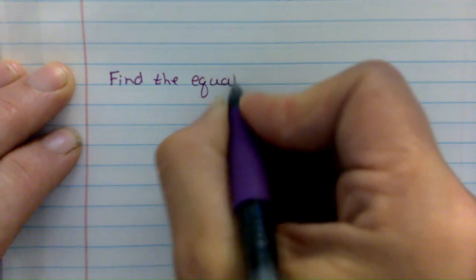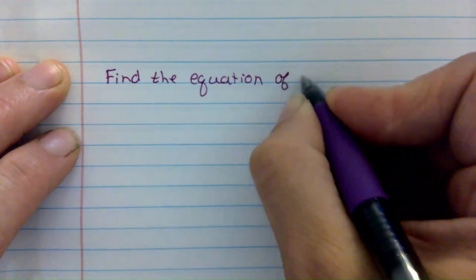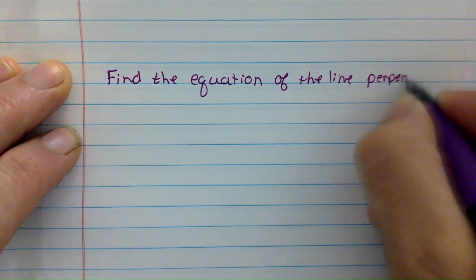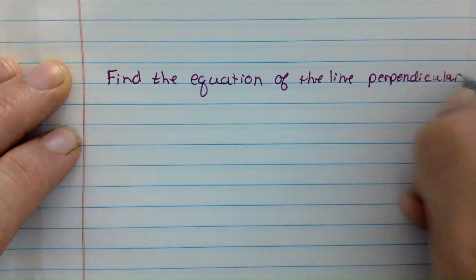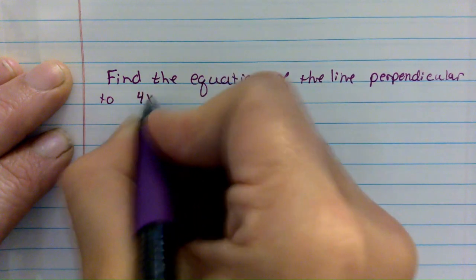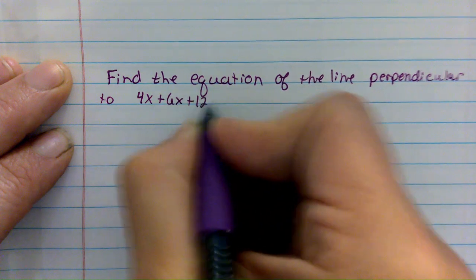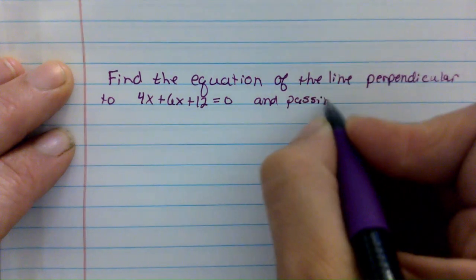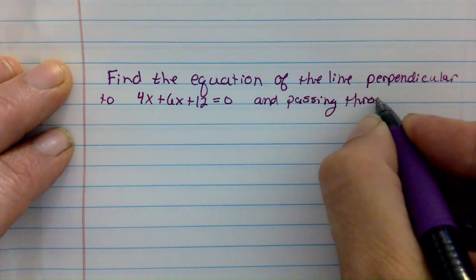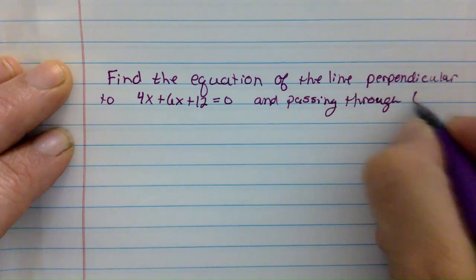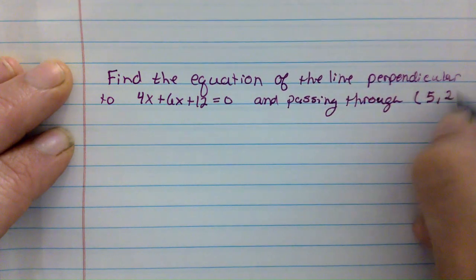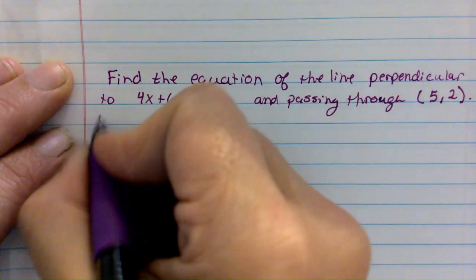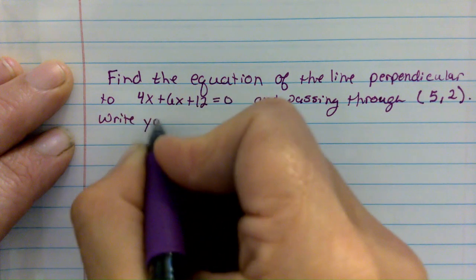Find the equation of the line perpendicular to 4x plus 6y plus 12 equals 0, and passing through (5, 2). Write your answer in general form.